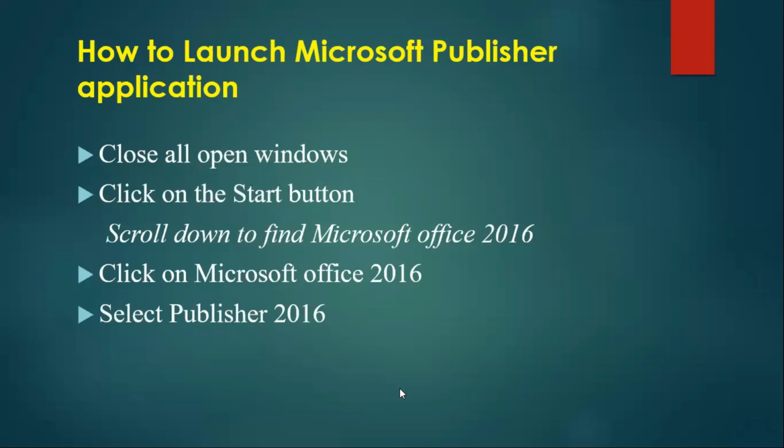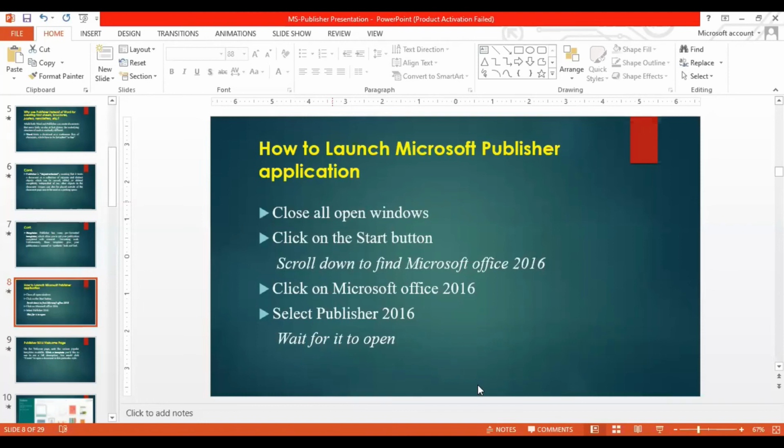So let's look at how to launch the Microsoft Publisher application. I'm going to do the practicals as we do always. I'm going to launch the application for you all to see how it is done. Please, can you still see my screen?